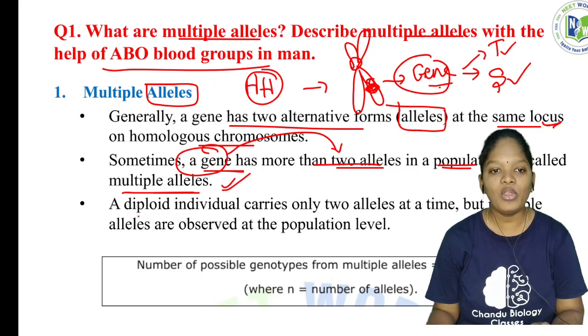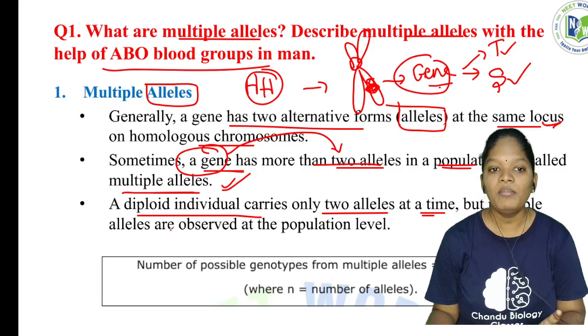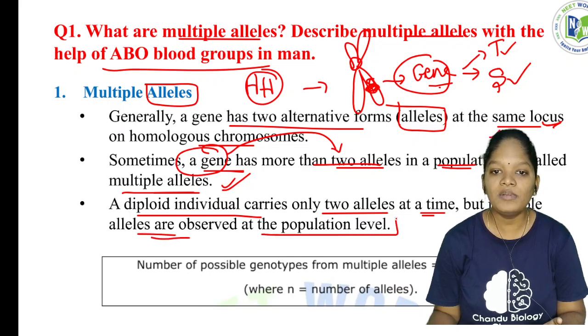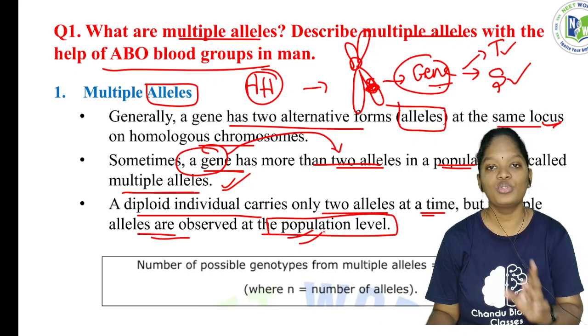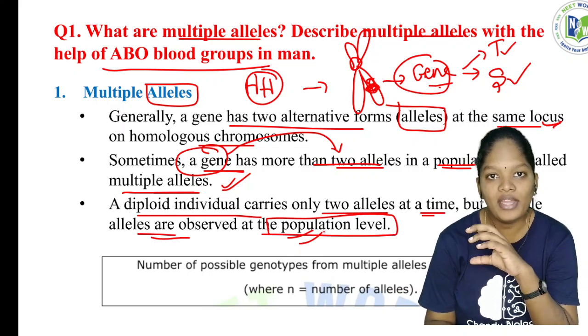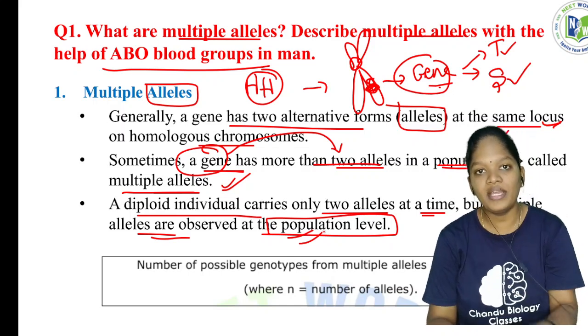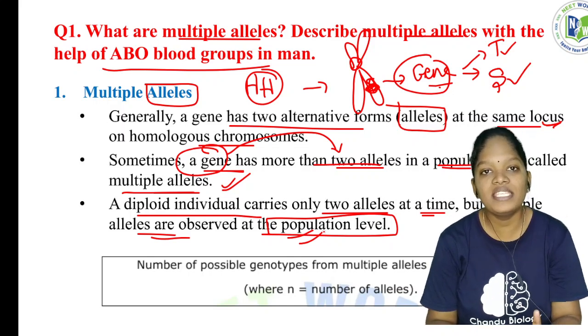A diploid individual carries only two alleles at a time, but multiple alleles are observed at the population level. You should understand the difference between these two. An individual carries only two alleles at a time, but at the population level we can see multiple alleles.